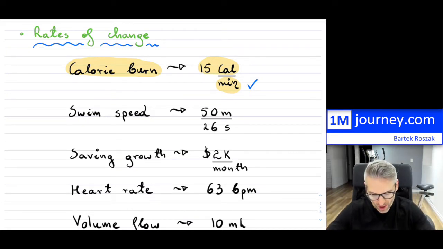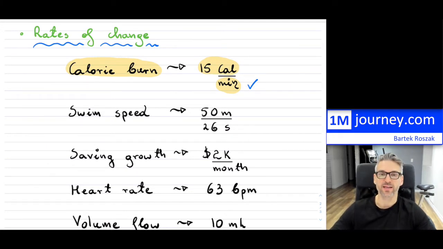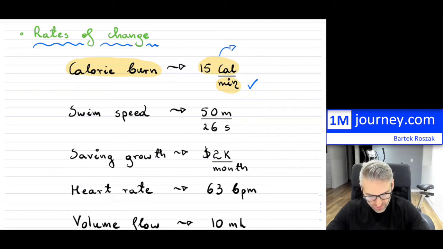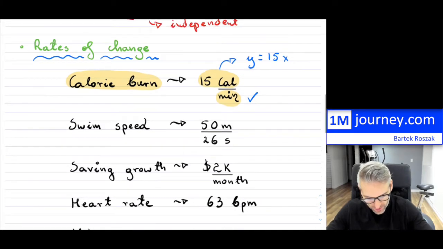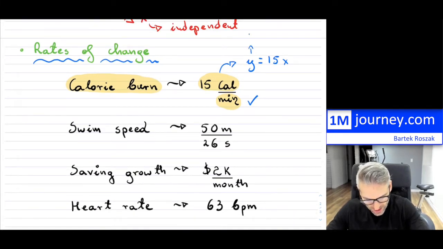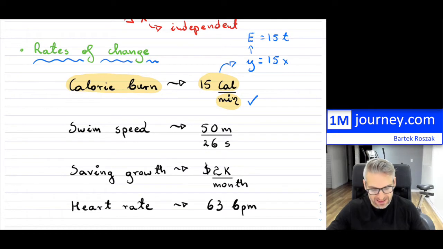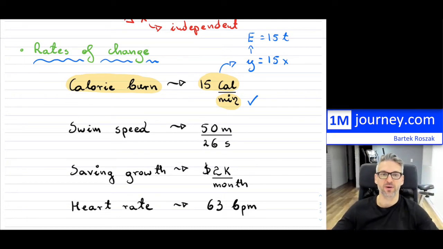And if you would plot this out, then we would simply have this as our rate, so this being our slope, and we could have an equation of y is equal to 15 for every x. Now I can be very specific because here we are actually talking about energy. So this is energy equal to 15 calories per minute for every time that passes by.